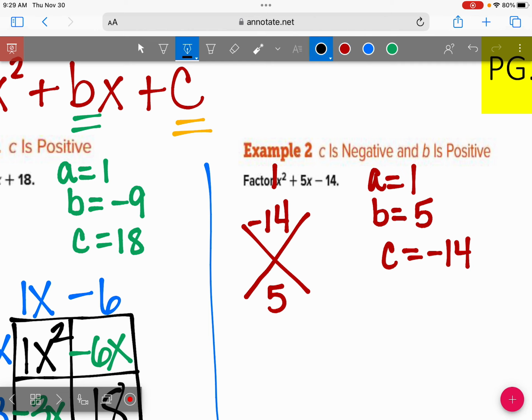Anybody know my numbers? Thumbs up if you know my numbers. All right, so you all getting good at this. Who wants to volunteer my numbers? 7 and -2. Sound good to me. That's the only two numbers that's going to work.